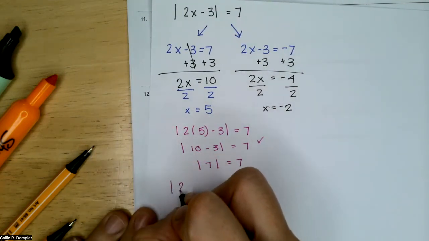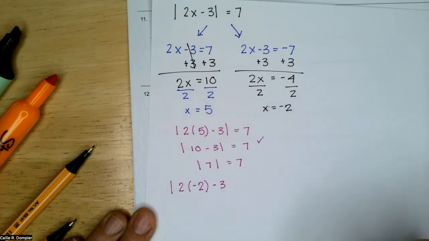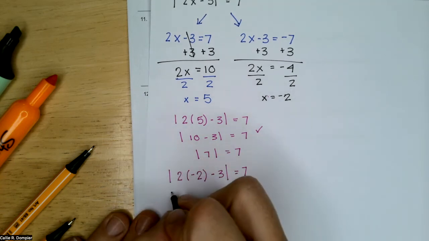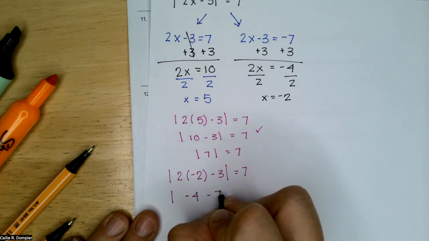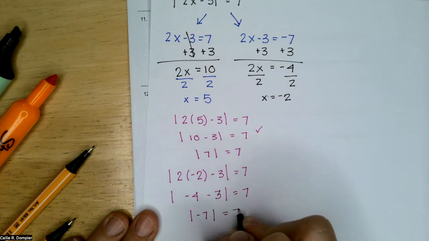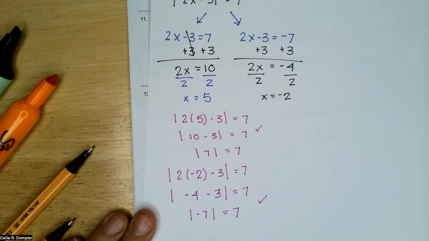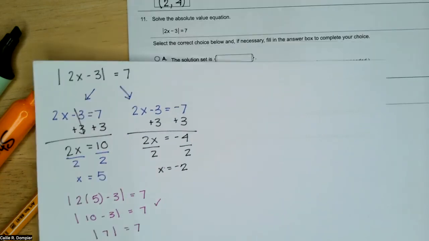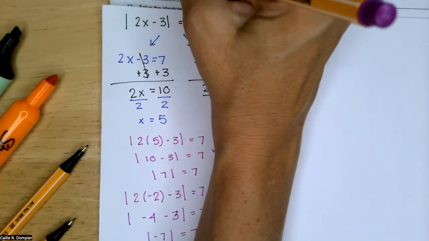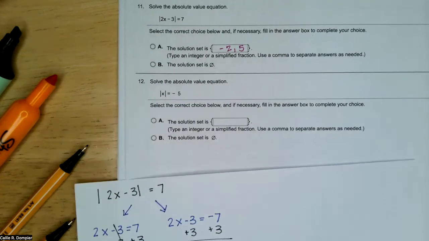So the absolute value of 2 times -2 minus 3 is equal to 7. 2 times -2 is -4, minus 3 equals -7. Absolute value of -7 equals 7. That is also true. Good. Okay. So the solution set is -2 and 5. They're both true.